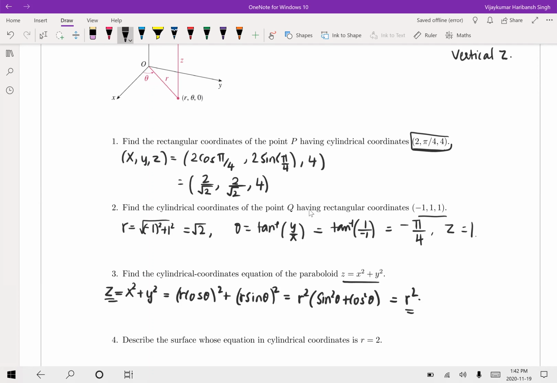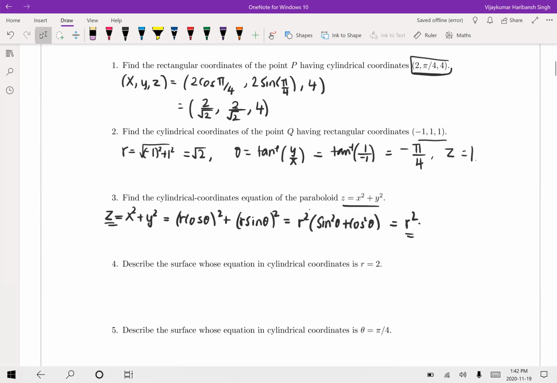Similarly, how does the equation r equals 2 look in cylindrical coordinates? r equals 2 implies x squared plus y squared equals 4.